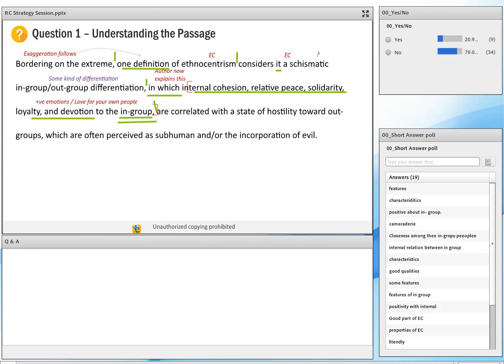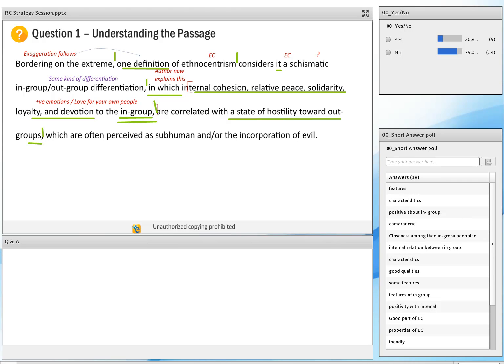These positive emotions for your own people are correlated with a state of hostility toward outgroups. Okay. So if you love your own people, then there is a correlation with hating outside people. Then I paused here, which are often perceived as subhuman and or incorporation of evil. This part simply describes the outgroups, that outgroups are considered as evil people.